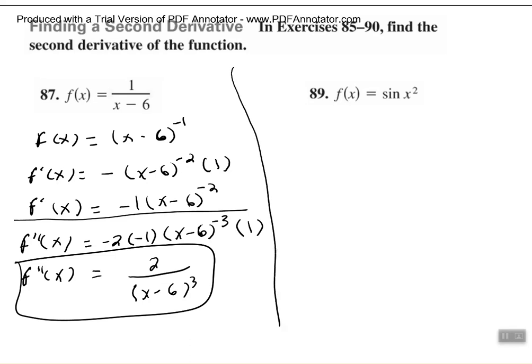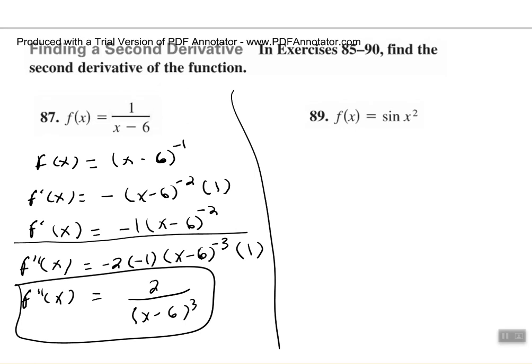Alrighty, number 89 here, we have f of x equals sine of x squared. So the first thing we recognize is that we're going to have to use the power rule or the chain rule because we have that x squared. So f prime of x, derivative of sine is cosine, so we have cosine of x squared times the derivative of x squared, which is 2x.